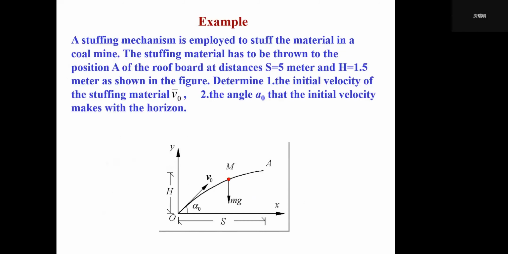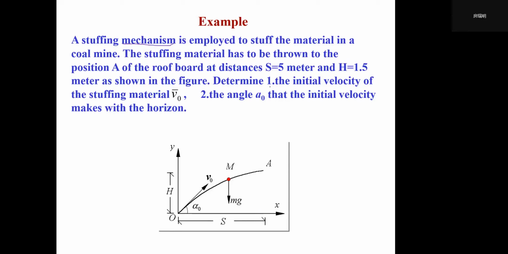I think that is a kind of mechanism which will throw some bodies, right? The stuffing material has to be thrown to the position A of the roof board at a distance S equal 5 meters, right? And H equal 1.5 meters are shown in the figure.